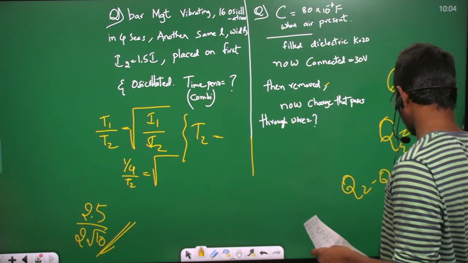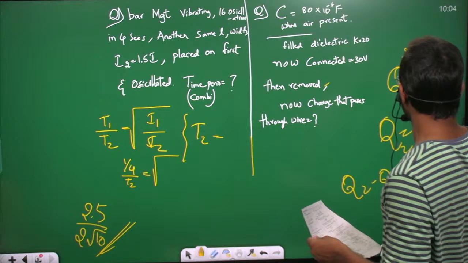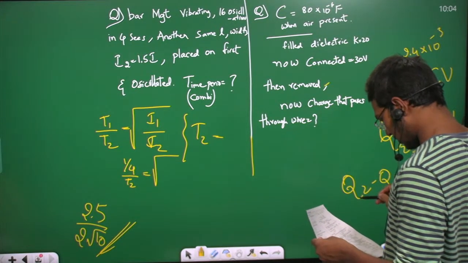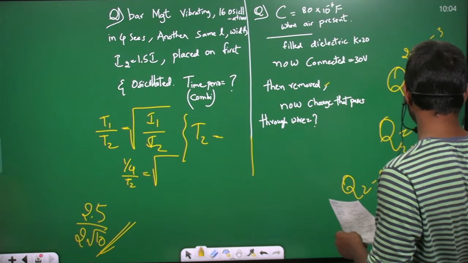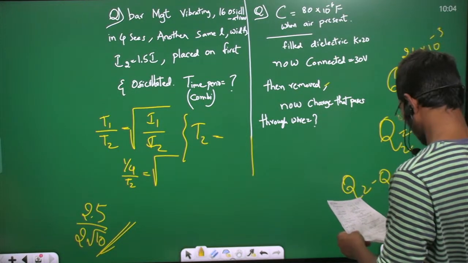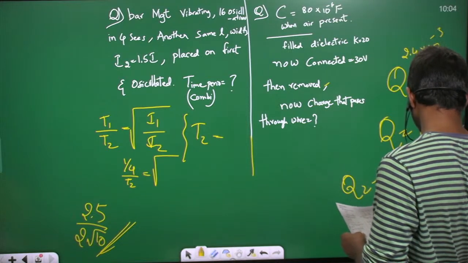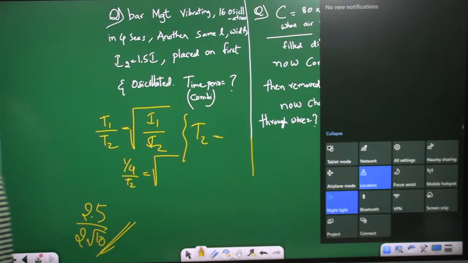Q1 is 2.4 into 10 power minus 3, and the other is 48 into 10 power minus 3. Then final answer you will get as 45.6 into 10 power minus 3. People answered here 45.3. Come on, good. So people working online, hope you are getting.